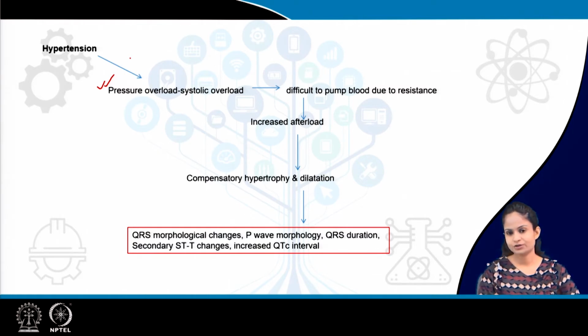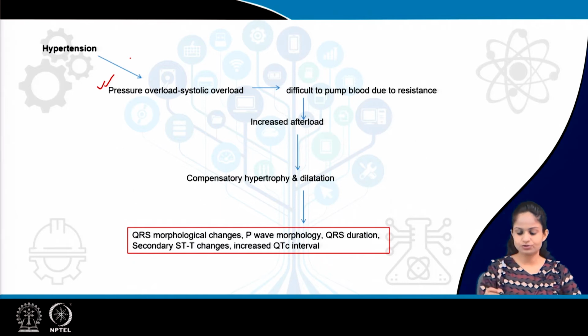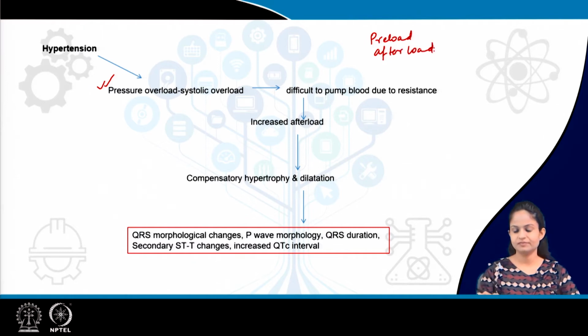Now, there are three terms which we are supposed to remember, that is preload, afterload and contractility, because these three are the important factors on which the stroke volume of our heart depends.